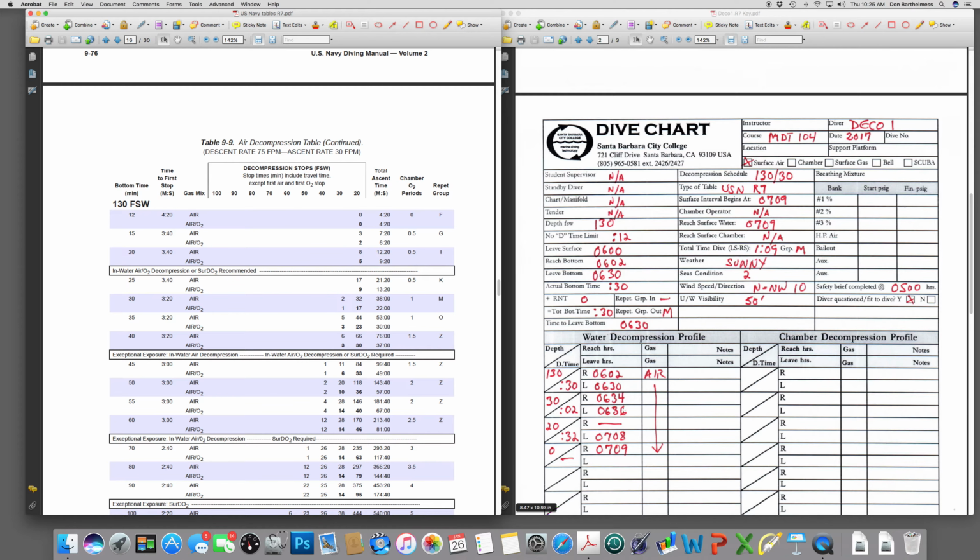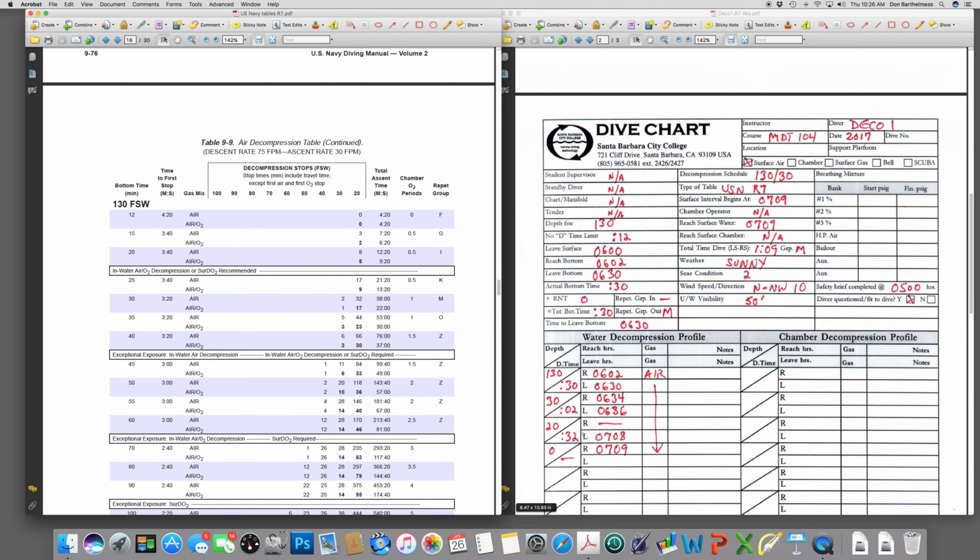Important for us to understand, since revision 6 in 2008, the Navy states that we can include ascent time as part of stop time when we're doing 10-foot stops in between. So as soon as that diver leaves the 30-foot stop, that clock is now running for the next stop for 32 minutes. So therefore, we're going to leave that 20-foot stop 32 minutes after we move from our prior stop.